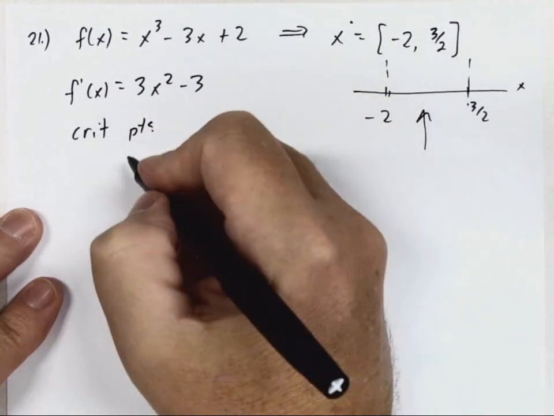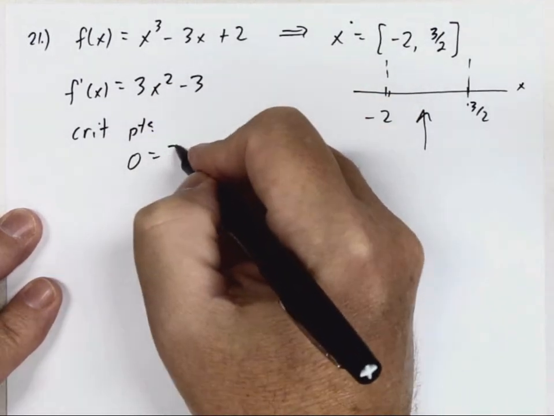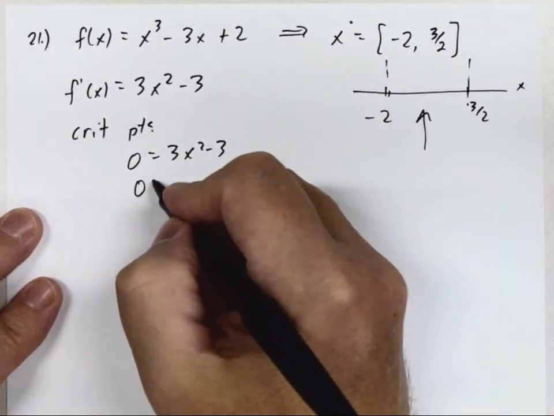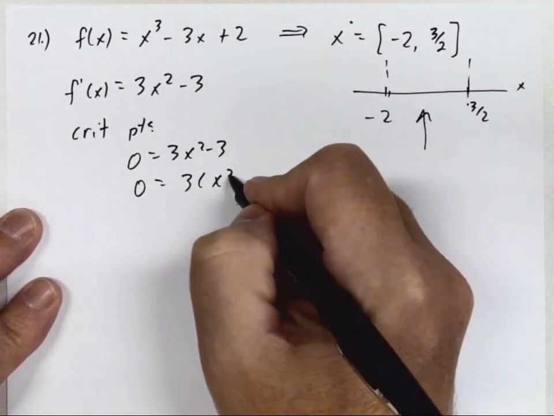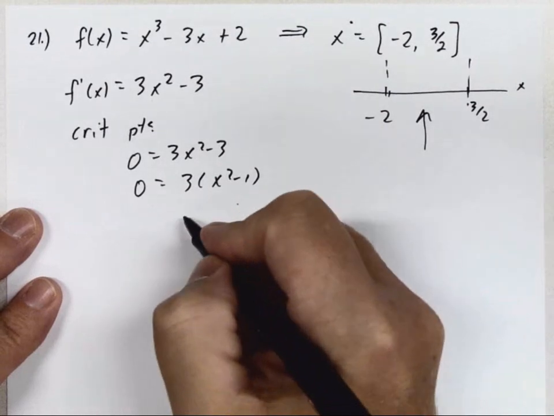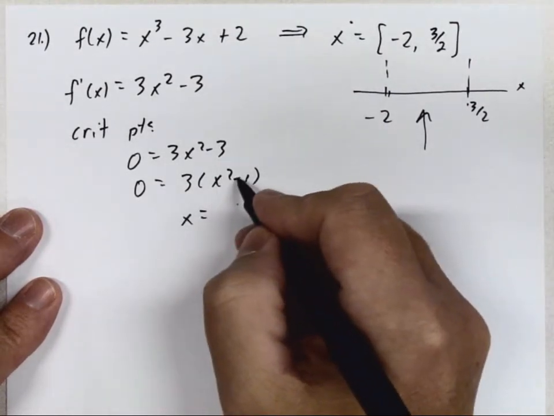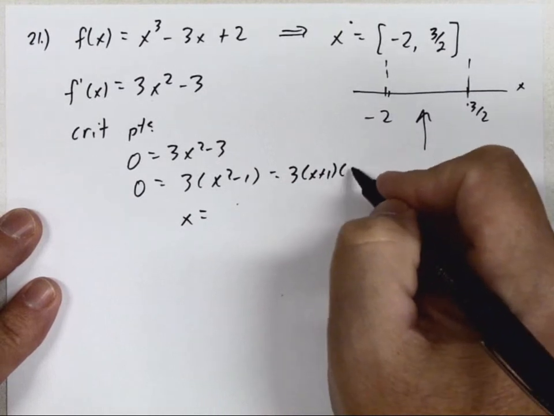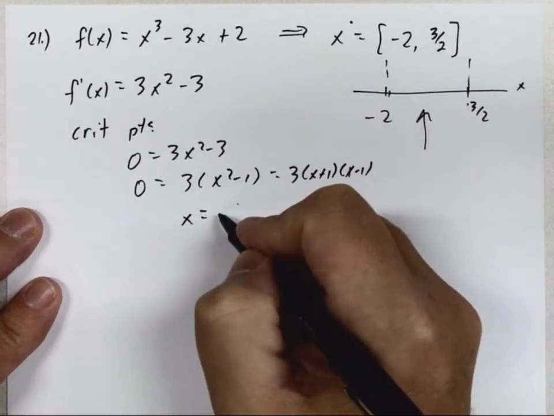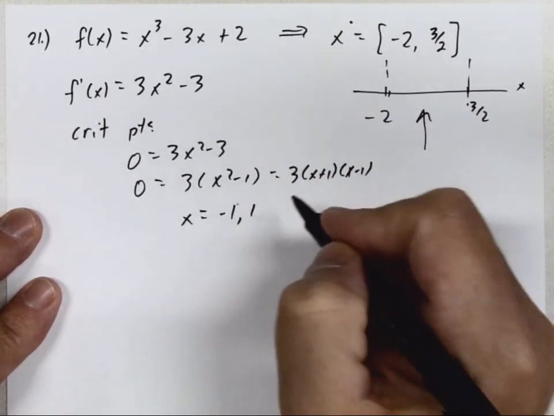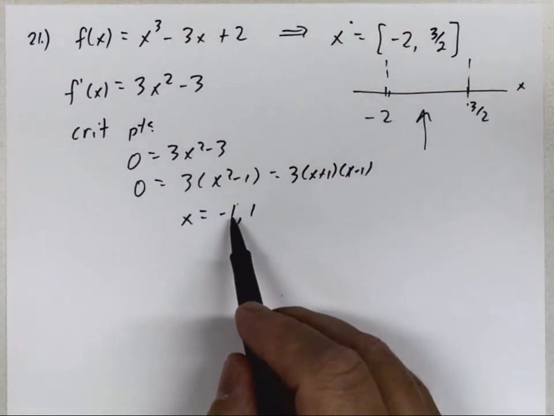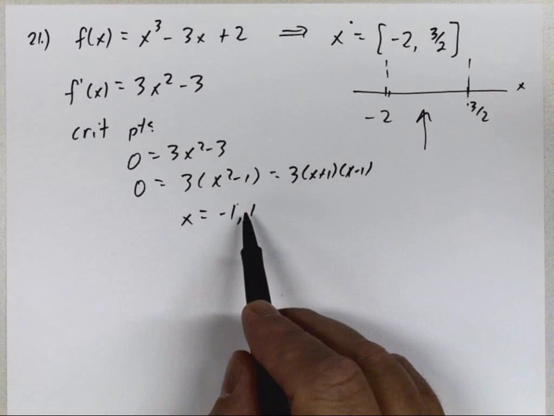The way we find critical points is we set the first derivative equal to 0, and we solve this. And this is difference of squares. Looks like there are 2 possible relative maximums or minimums.